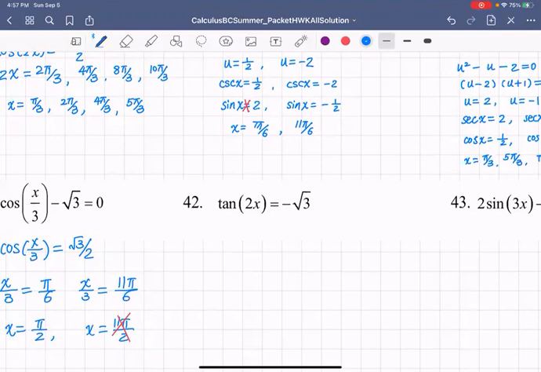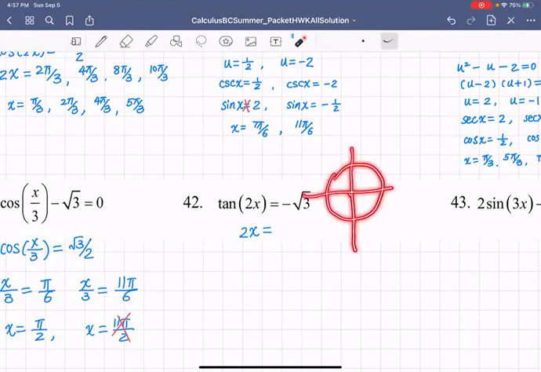So do we use the tangent of 2x formula, the tangent of x plus x or something? Yeah, so 2x equals... Oh, 2x equals negative root 3. Whose angle has tangent equal to this?